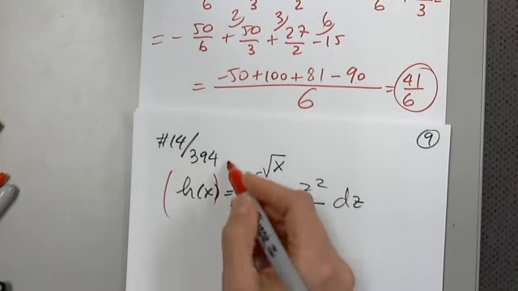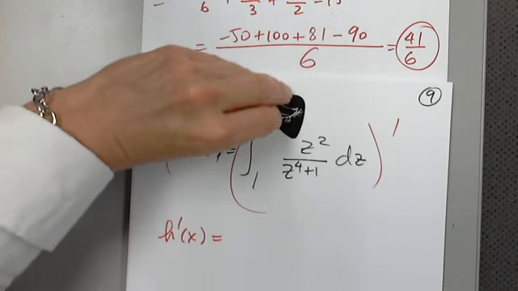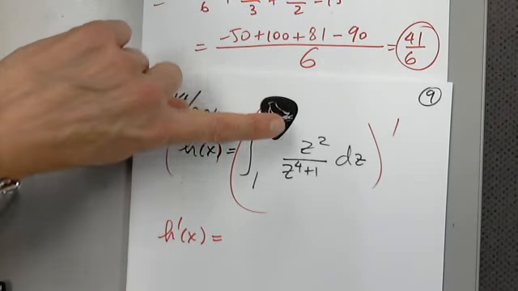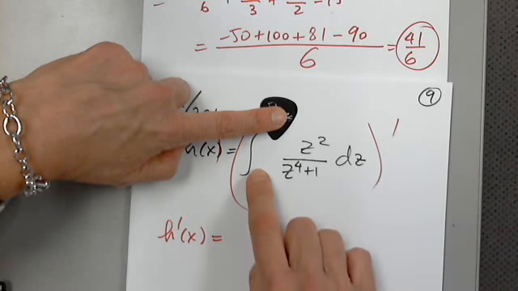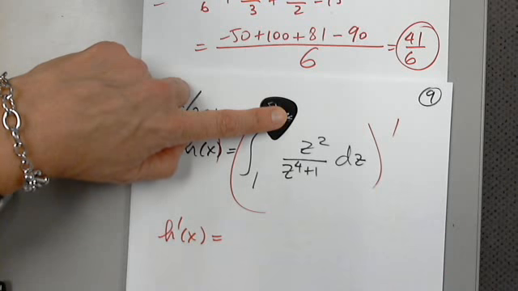So we differentiate the left and we differentiate the right. And this is h prime of x. Remember what happens. If this is plain x, when I differentiate an integral and make sure that the lower limit is a constant, any constant you want, it doesn't matter, then all I get is z squared over z to the 4th plus 1.